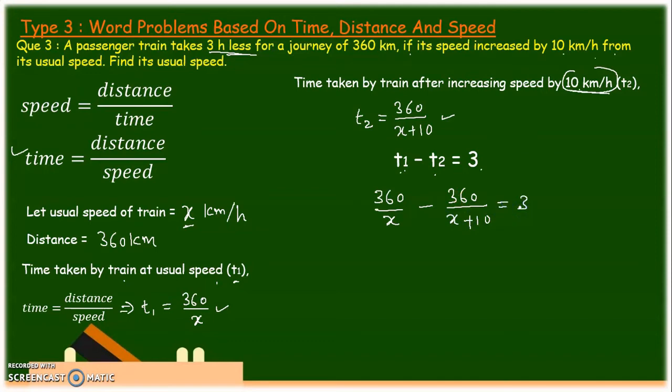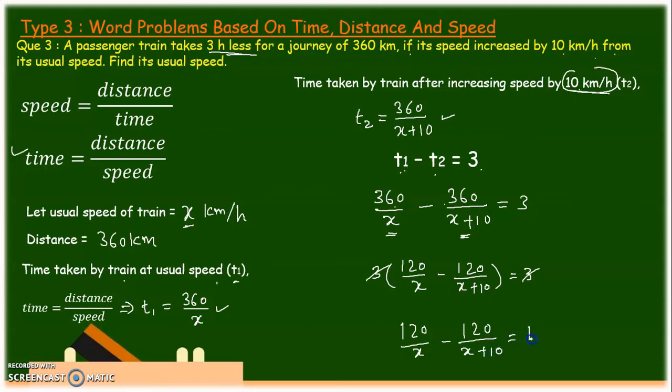Now simplify this. If you take 3 common from both, we will get 120 divided by x minus 120 divided by x plus 10 equal to 3. So this 3 will be cancelled out. So here we get 120 divided by x minus 120 divided by x plus 10 equal to 1.